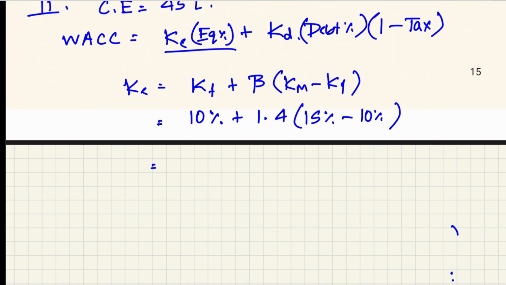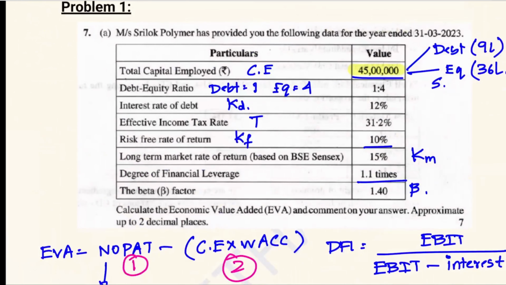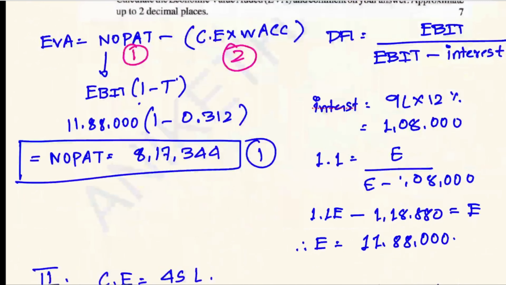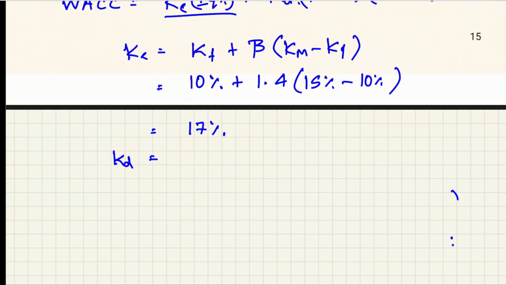And KD is cost of debt. How to understand what is KD? You have to look in the question, and is there anything on bond or debenture or any loan, and what percentage they are asking. So in this question, interest rate of debt 12%, that is your KD. So KD is 12%.